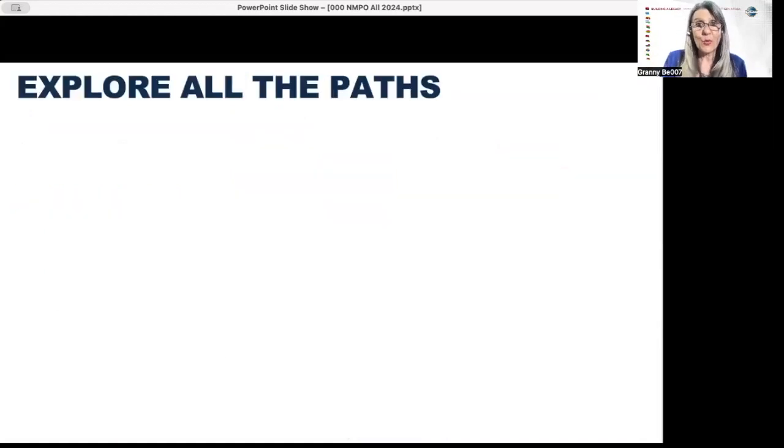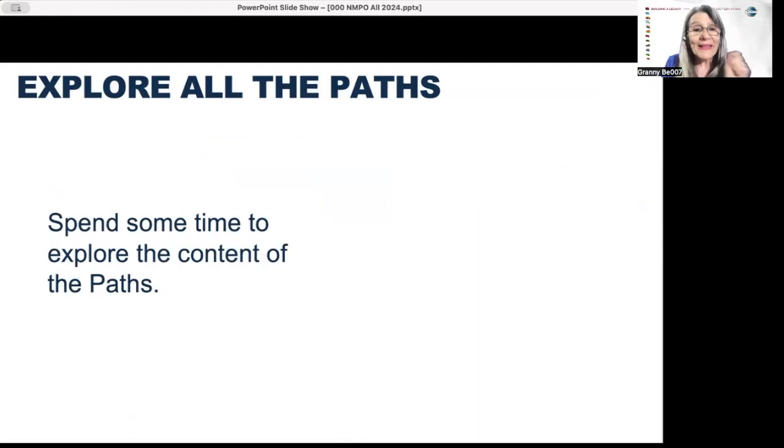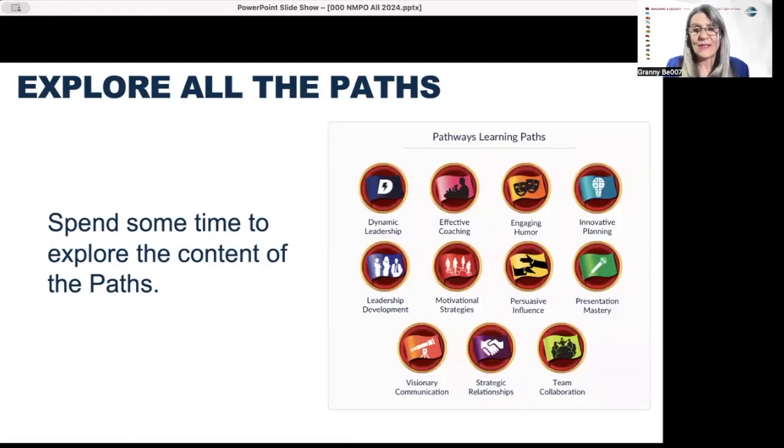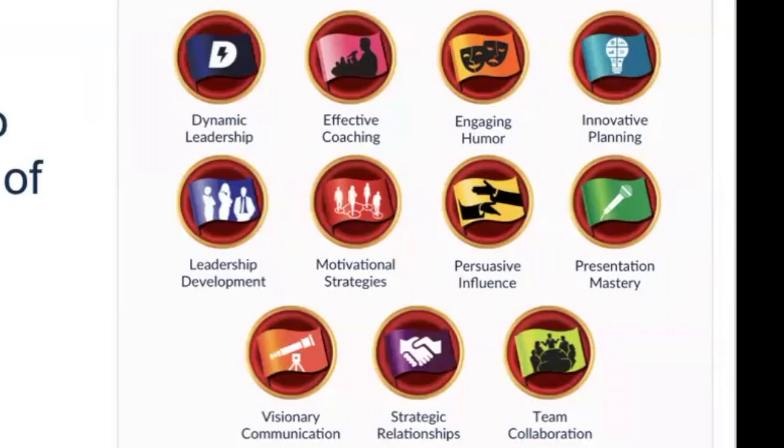Let's explore all the paths. I'm not going to go into them in detail because then it's going to be information overload, but I'm going to guide you so that when you have time, you can click around and you can see. So spend some time to explore the content of the paths, but let's just read which paths we currently have. We have dynamic leadership, effective coaching, engaging humor, innovative planning.